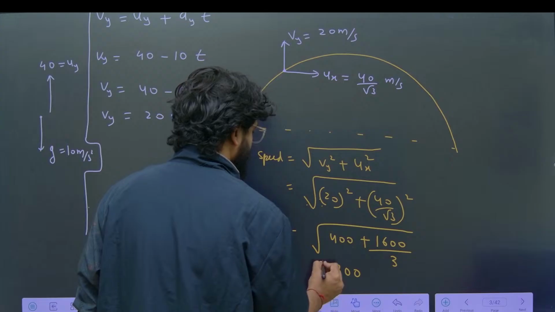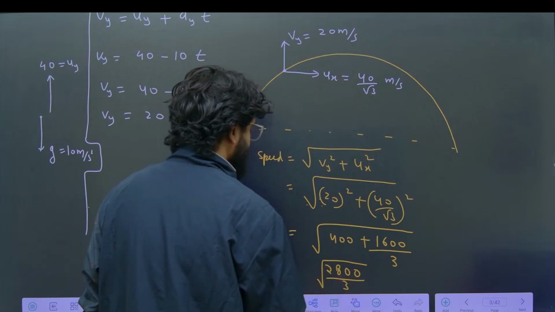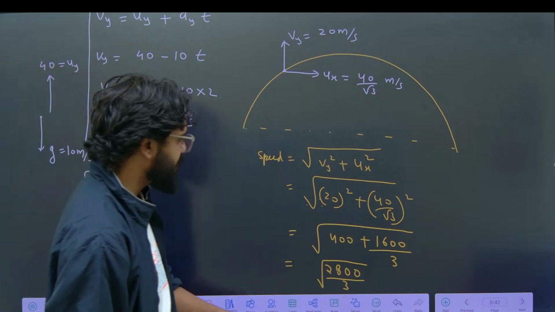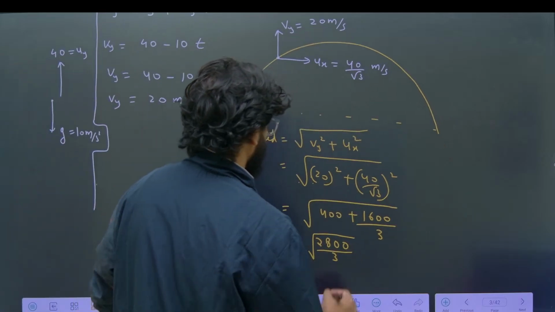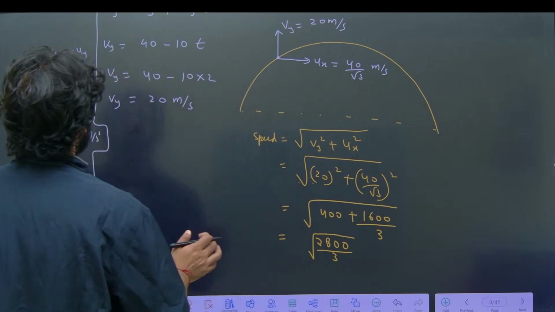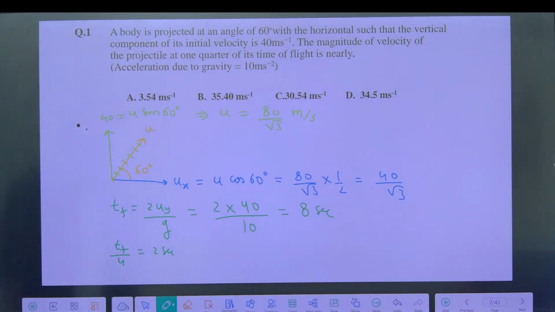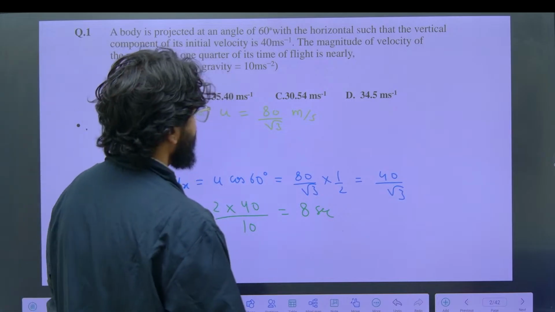So it will be around 2800 upon 3, which is very near to 2700. Can we see the options? From there we can make some logical guesses.